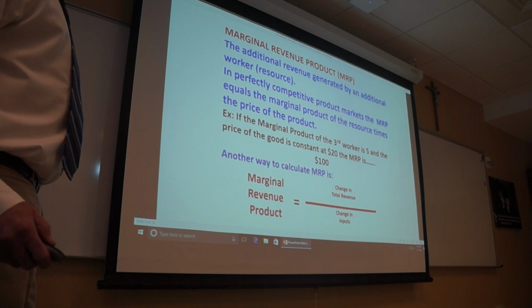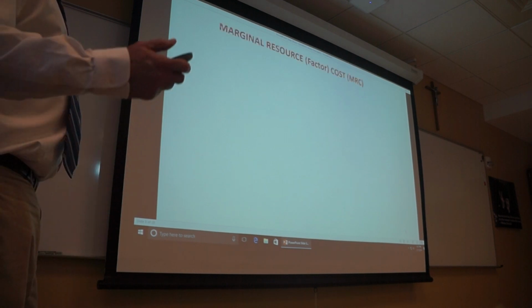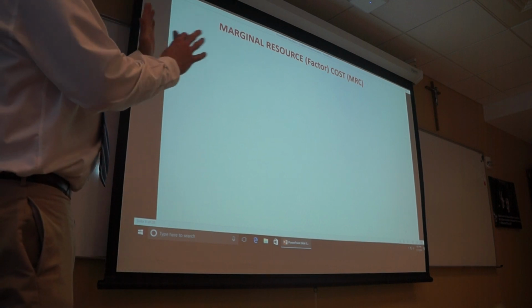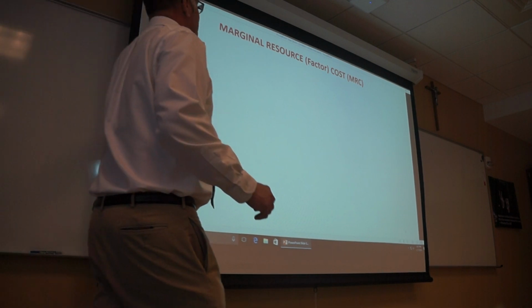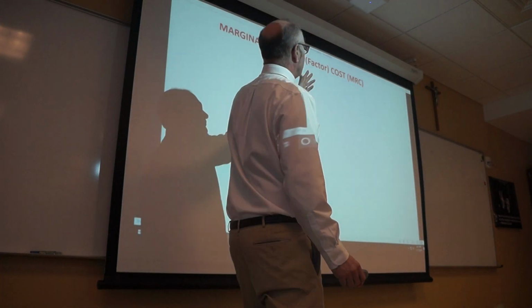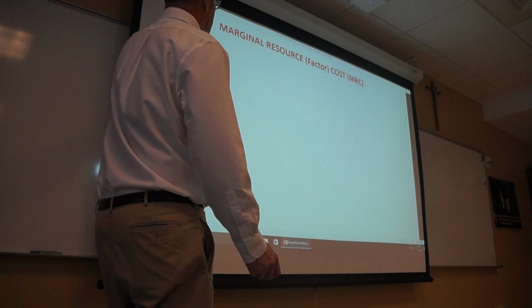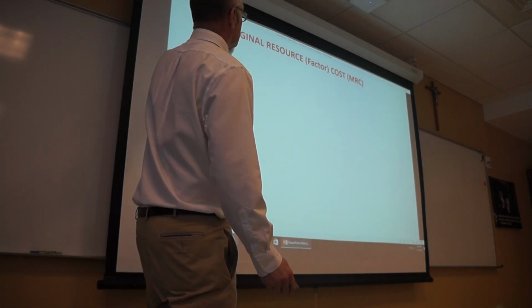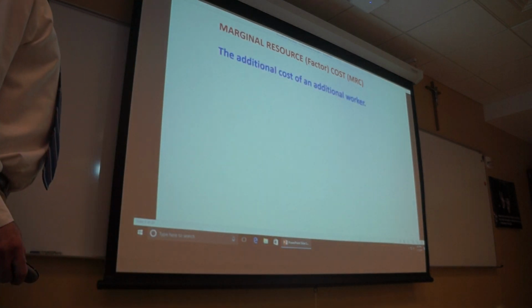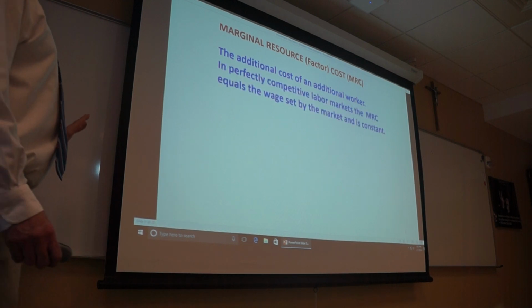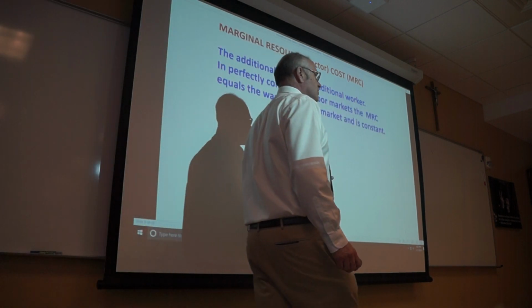Okay, we're all good? All right, marginal resource or factor cost. Factor and resource are the same. Usually with labor, they call it resource. For things like robots, they call it factor, but they mean the same. Marginal means additional cost for an additional worker. In perfect competition, it's the wage.